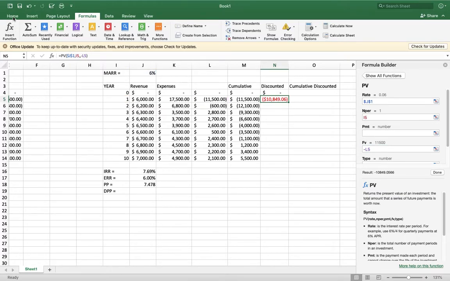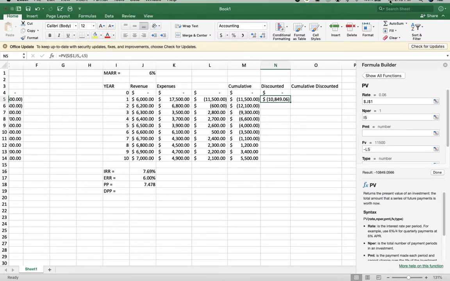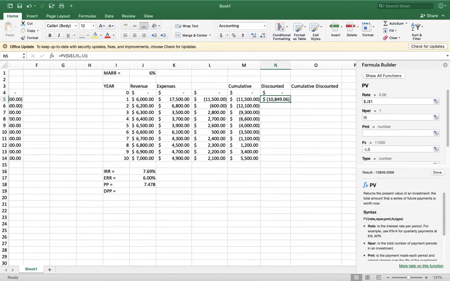And that looks good, but I want it in this. No, that doesn't look good. What did I do wrong? One second. Oh.